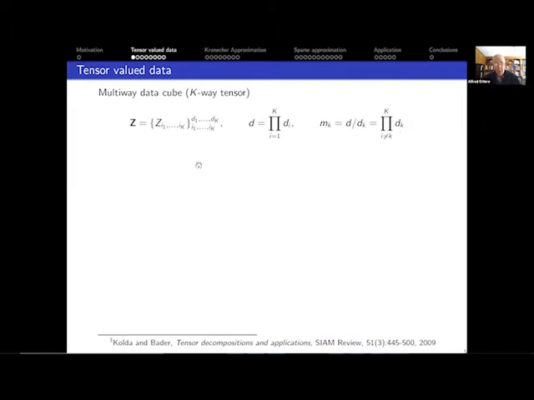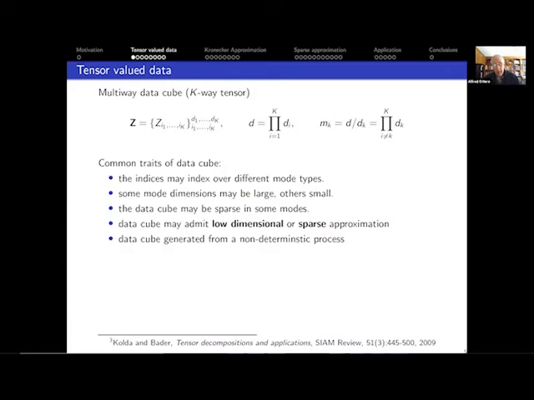So Z is our data now, and we have to deal with some common traits if we want to build some sort of predictive mechanism. Those traits are that there's lots of diversity in the indices, types of indices, in the mode dimensions, and hopefully we can take advantage of some form of sparsity.